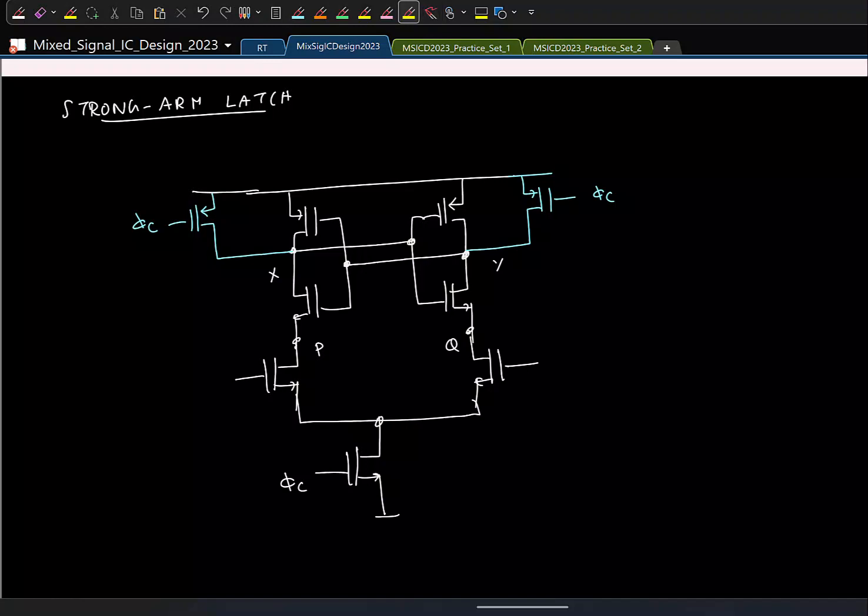Okay. So in practice, there is also one minor modification done. Along with resetting X and Y, we also reset these nodes to VDD. I will not explain the reasons. I can refer you to resources.